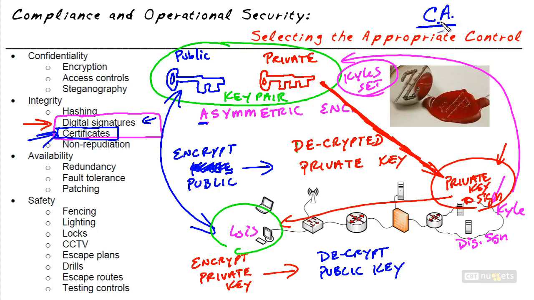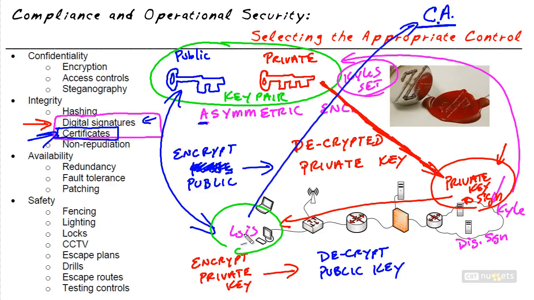As part of that enrollment process, Kyle would have given that certificate authority a copy of Kyle's public key. The certificate authority should verify Kyle's identity, that he really is who he says he is. They would include Kyle's public key inside of Kyle's digital certificate and then issue that certificate to Kyle.